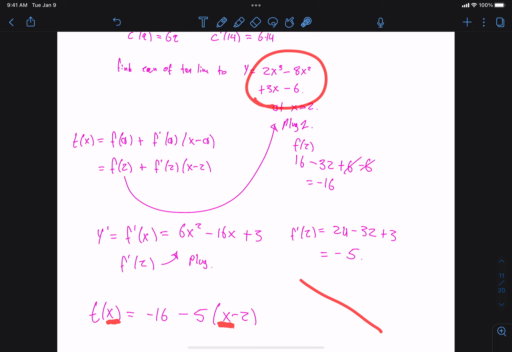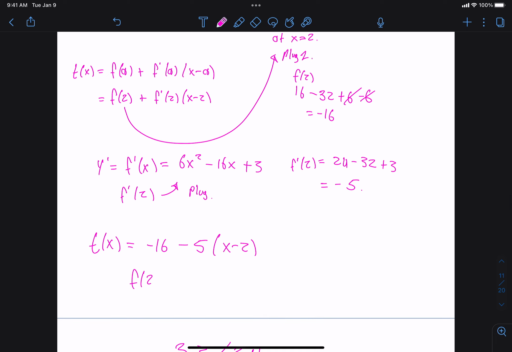In fact, if we wanted to know what is f of 2.1 or something like that, we could approximate f of 2.1 using t of 2.1, which we would get by taking this equation and plugging in 2.1 for x, right? Does that make sense? No, I got it.